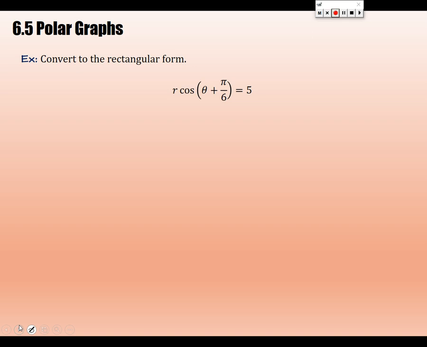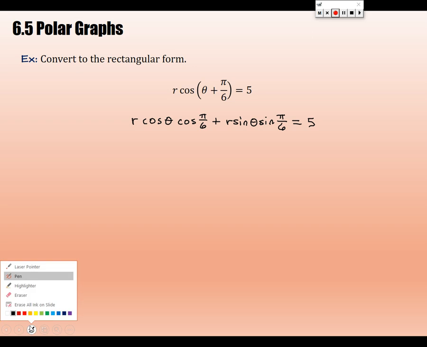And what'd you do? Well, you just use the cosine addition formula, right? Just work this out. R cosine theta minus... Just testing you.